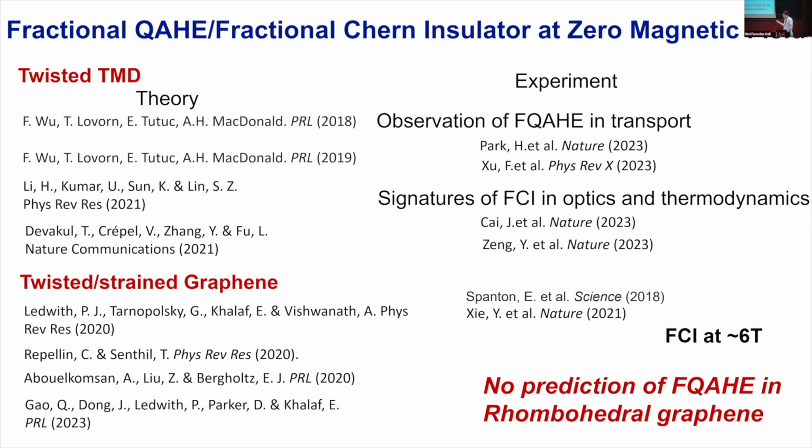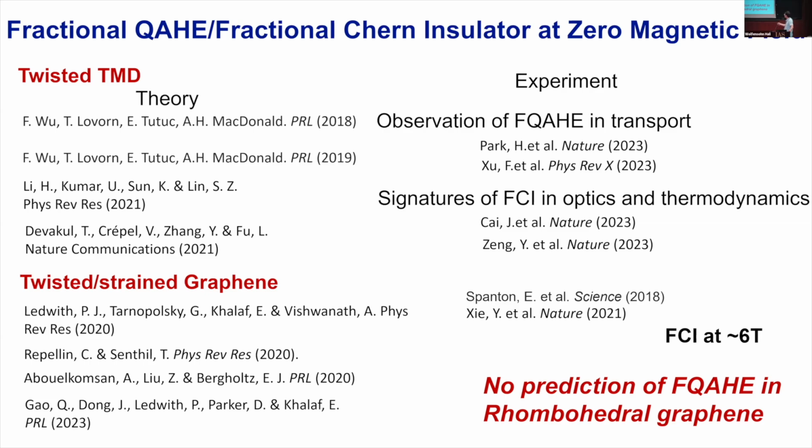And this recipe of getting fractional quantum anomalous Hall in rhombohedral graphene hBN Moiré was not proposed by anybody before the experiment. There were theory predictions of fractional quantum anomalous Hall effect and fractional Chern insulators in twisted TMD and in twisted graphene or strained graphene.